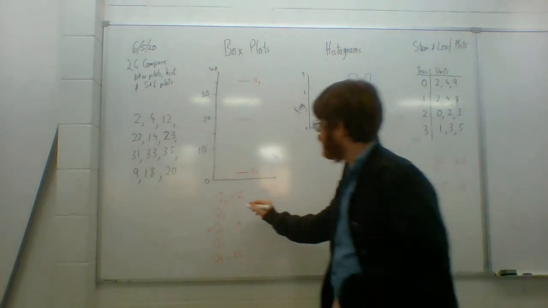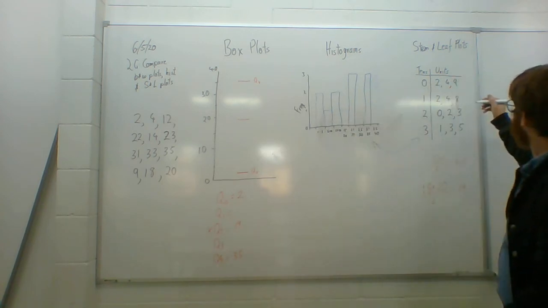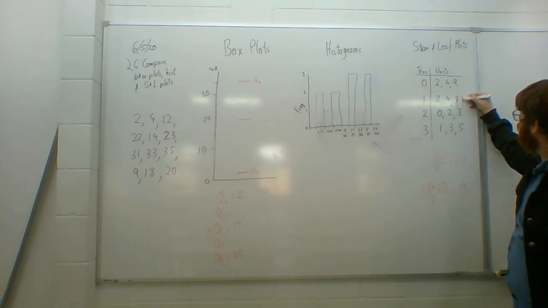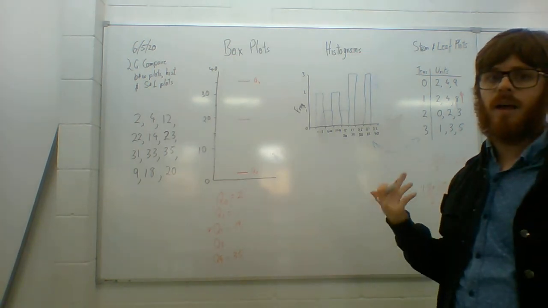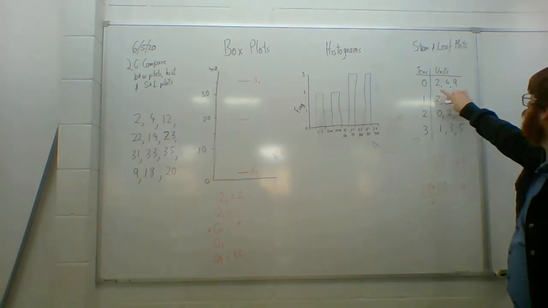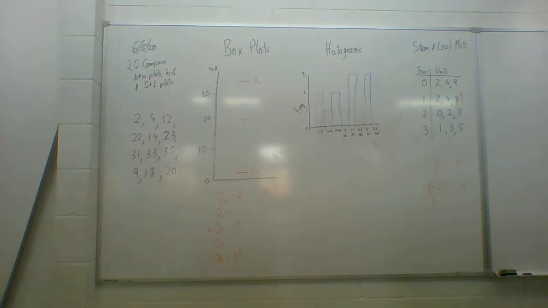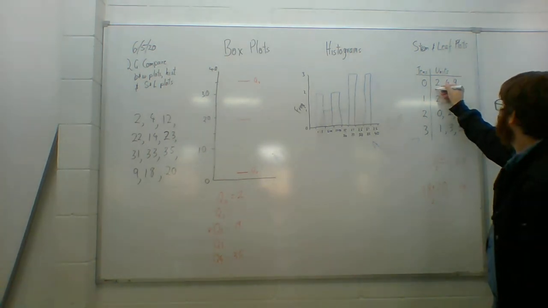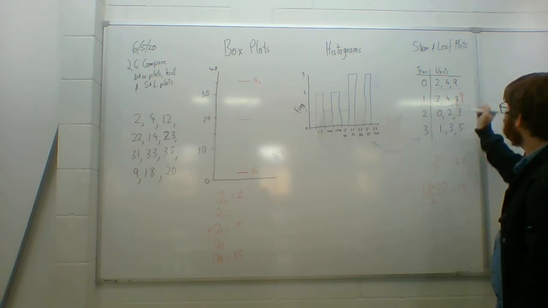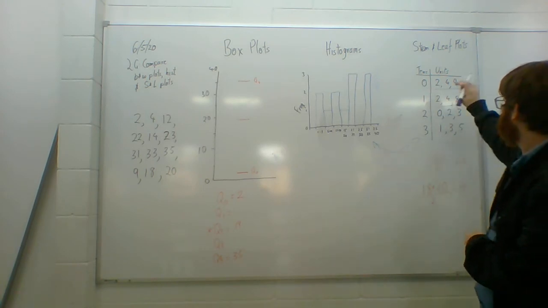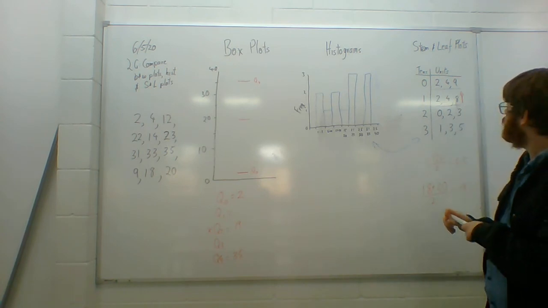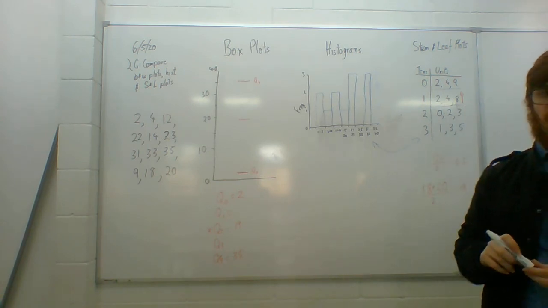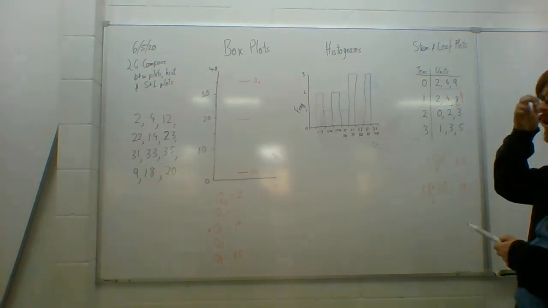Now we need to find our Q1. By putting our median, our Q2, in here, we now have our data divided in 2. This is going to be our first set of data. We have 6 data points in here. So 6 plus 1 is 7, divided by 2 is 3.5.